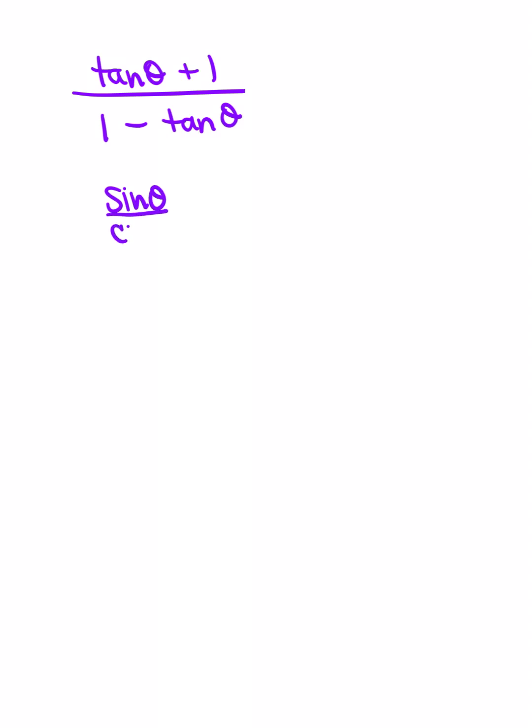So I'm going to rewrite tan of theta plus 1 in terms of cosine and sine. So that will be sine of theta over cosine of theta plus 1 divided by 1 minus sine of theta divided by cosine of theta.